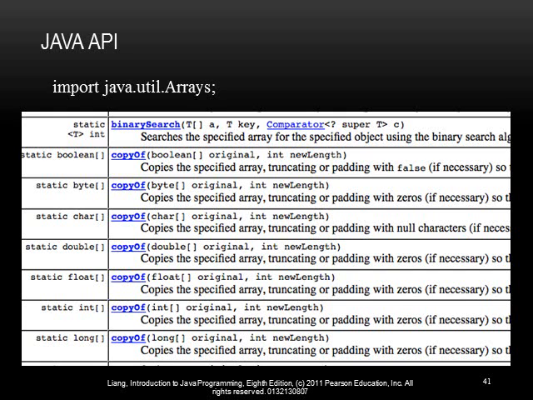Just a little snapshot of the API documentation for the Arrays class. If you want to use this, note you have to import java.util.Arrays. Just kind of showing some of the overloaded methods for copy, a little bit more flexible than maybe our for loop.